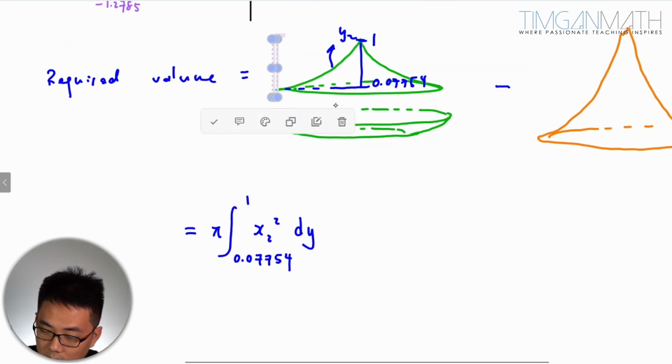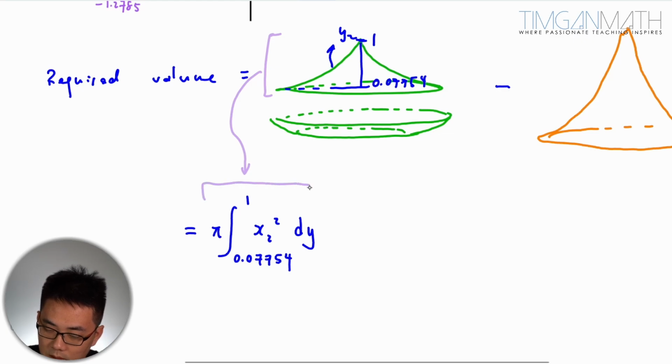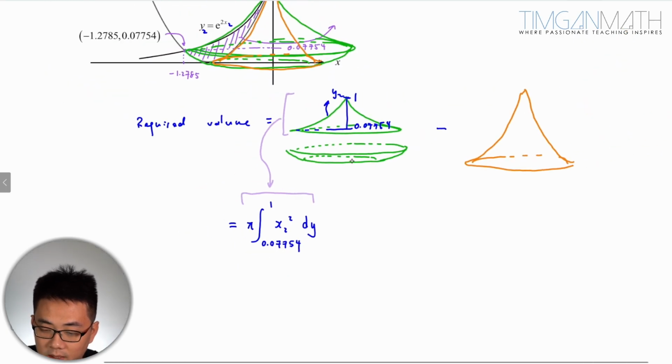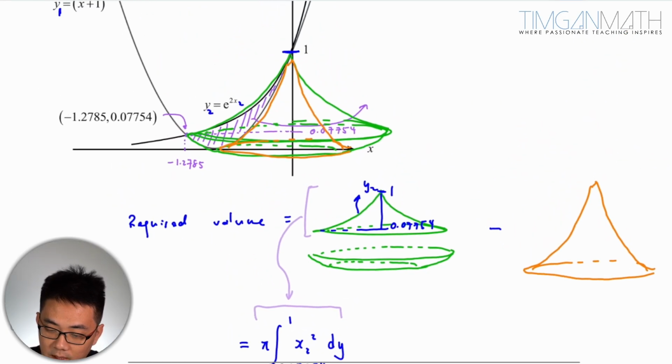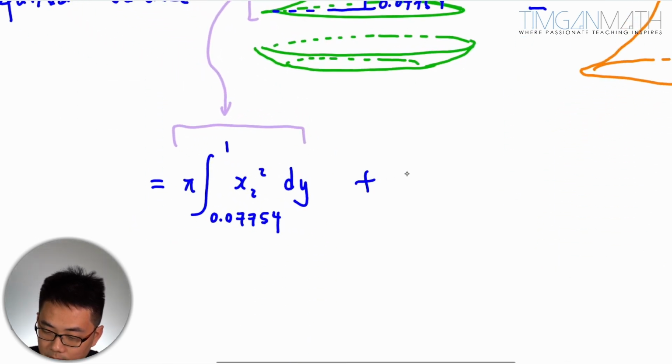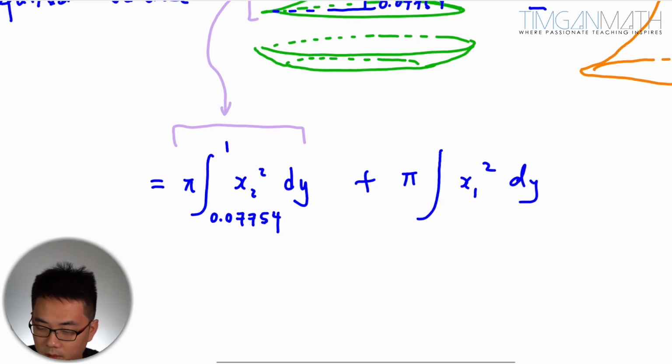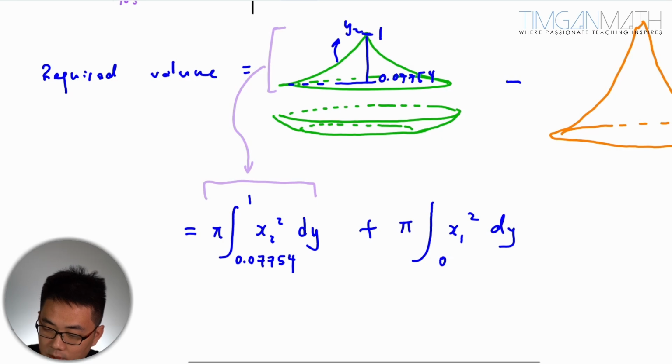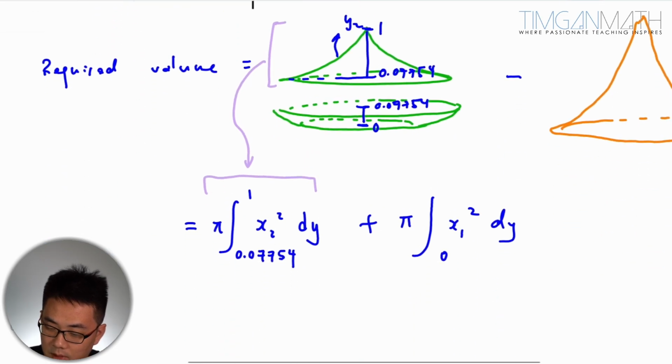This over here would be this volume here. Then we're going to take the bottom volume. The bottom volume would then be using this curve here. This is x1. So we're just going to add pi x1 squared dy. Same thing. We start from 0, then we end with 0.07754.